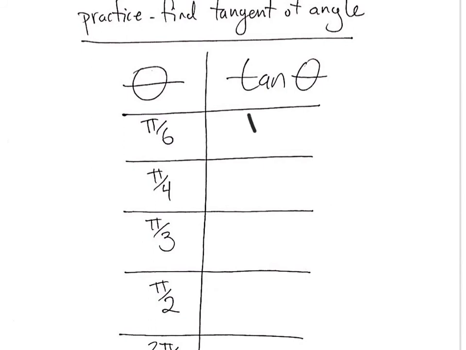So pi over 6, we had 1 over root 3. Pi over 4 is 1. Pi over 3 is root 3.